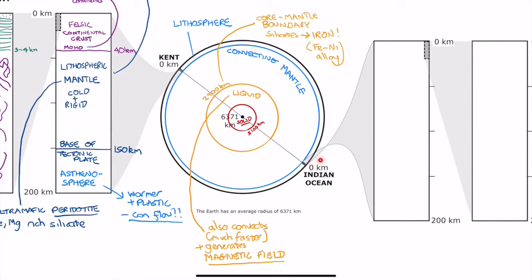But when we get to the upper 200 kilometres, things start to get interesting, because the oceanic lithosphere is a little different from what you find underneath continents. For a start, it is thinner. The boundary between asthenosphere and lithosphere does not occur at 150 kilometres, but at a depth of more like 100 kilometres.